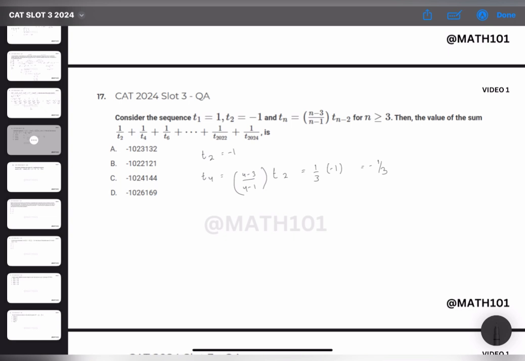T6 would be 6 minus 3 upon 6 minus 1 times t4. t4 itself was 4 minus 3 upon 4 minus 1 times t2. Should be t2 by 5 because this is cancelled.